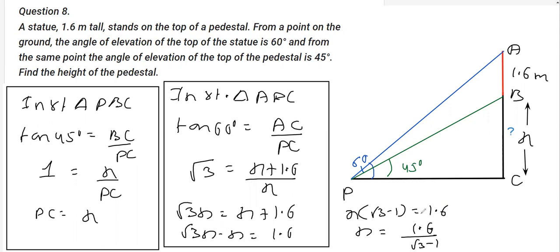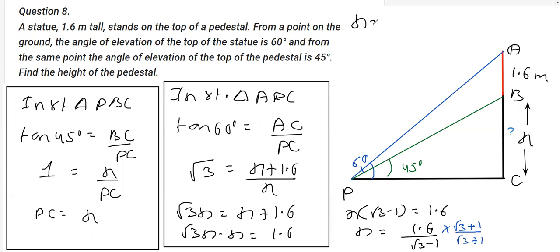As we know that we do not leave the answer with an irrational denominator, so we must rationalize it. So it's multiplied and divided by √3 plus 1. Now, further solving, we have to get the value in simplified form.